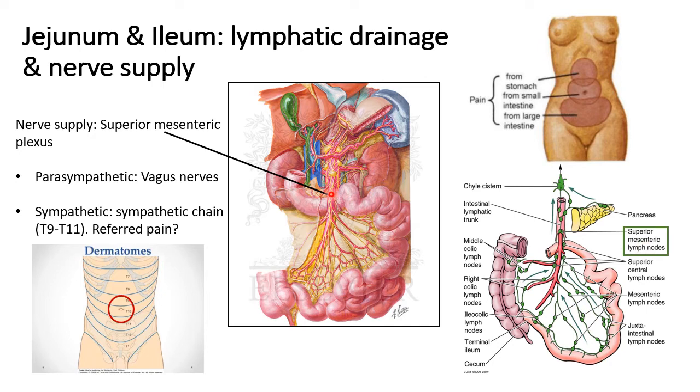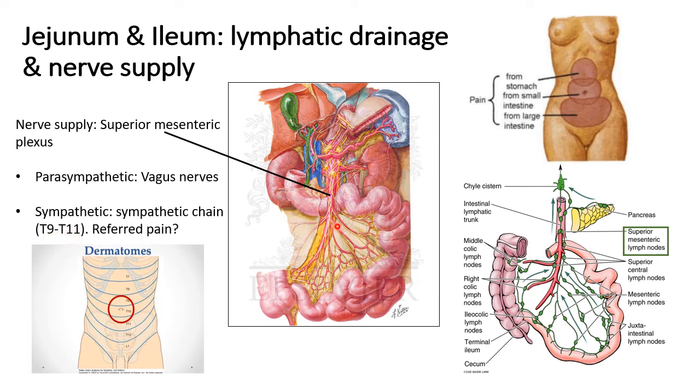Likewise, nerve supply comes from the plexus of nerves around the superior mesenteric artery, called the superior mesenteric plexus, and that includes both. This is autonomic, so it includes sympathetic and parasympathetic. Parasympathetic is from the vagus, sympathetic is from the sympathetic chain at the level of T9 to T12.